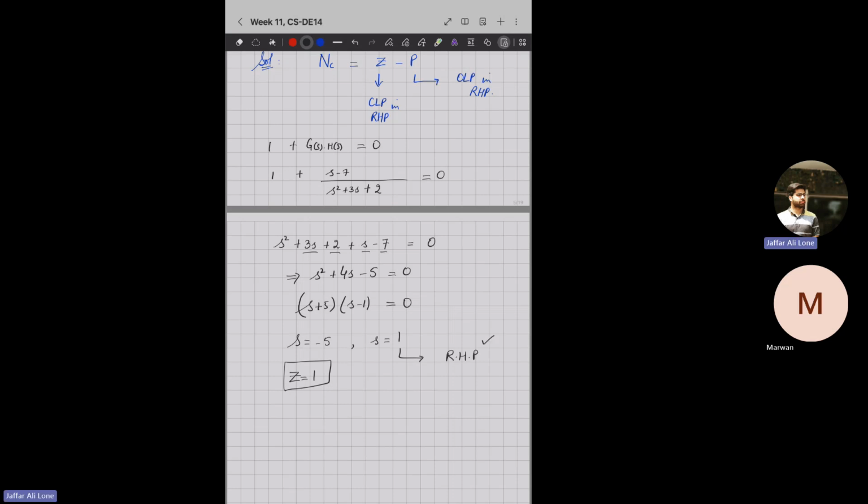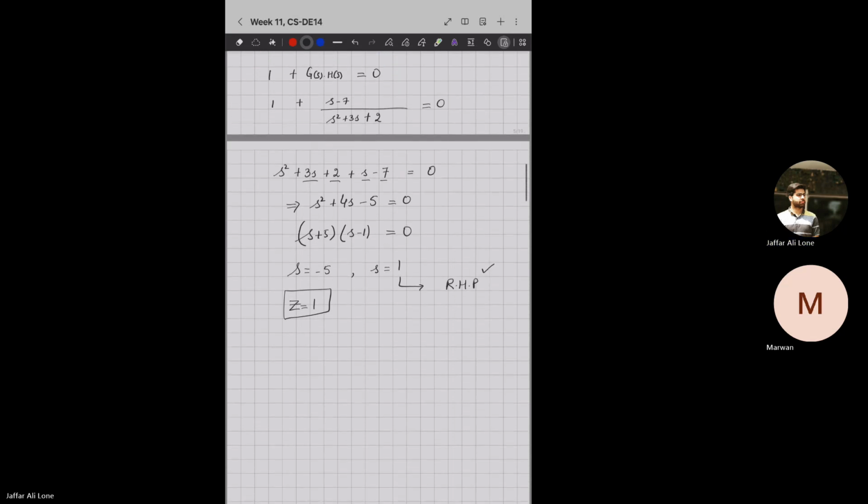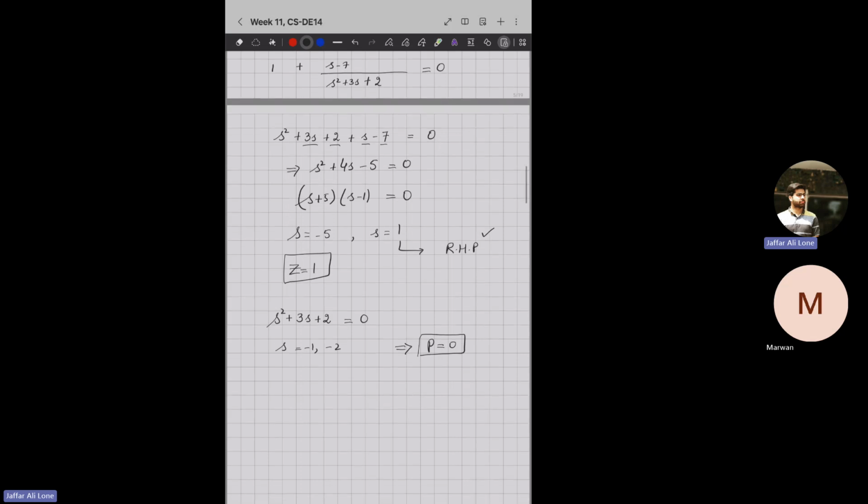Now let's find P. For P, we'll directly solve S square plus 3S plus 2 equal to 0, and I'll get S is equal to minus 1 or S is equal to minus 2. It implies my P is 0 because both of the poles are in the left half. There is no pole in the right half. So what is my NC?